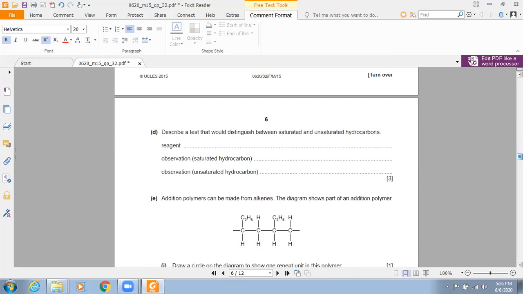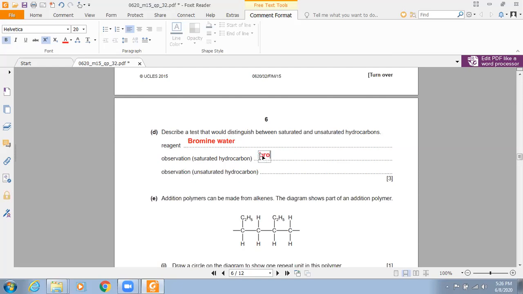Okay. Describe a test that would distinguish between saturated and unsaturated hydrocarbons. So, to distinguish, we know that we can use bromine water. Reagent should be bromine water, or aqueous bromine or bromine solution; bromine water we are writing. Observation, saturated hydrocarbon: bromine water remains the same.